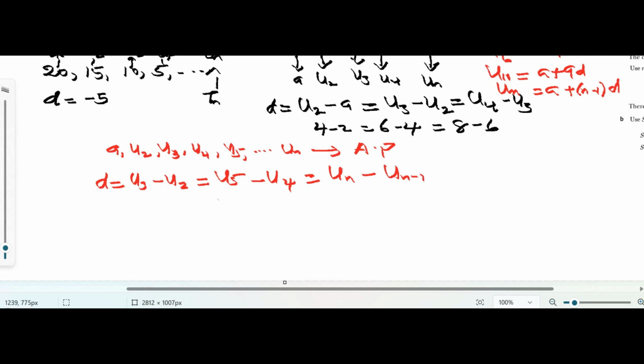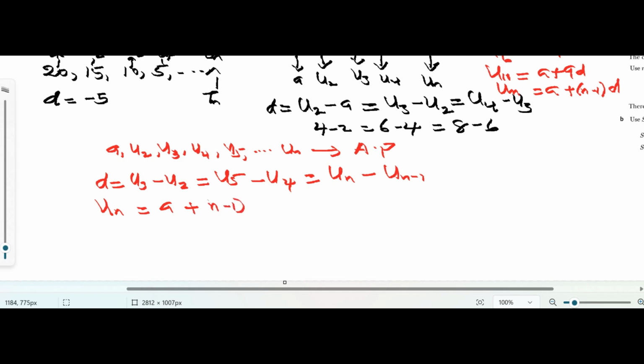Okay, that is for common difference. If I want to calculate my nth term, we have gotten it from here as a, which is the first term, plus n minus 1 d.